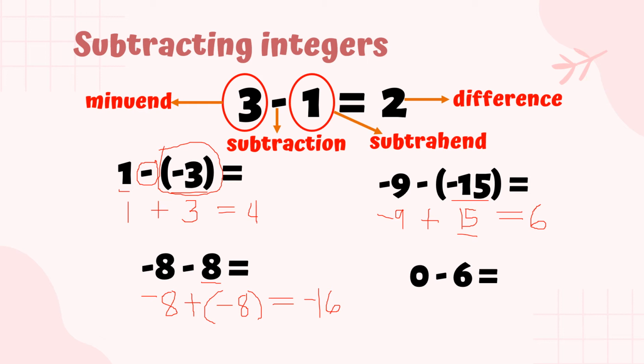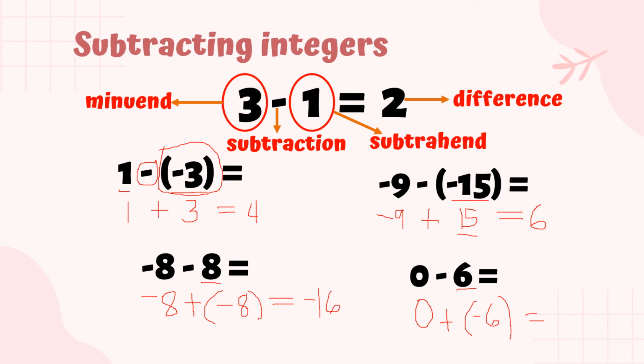Another one, 0 minus 6. So we copy 0. Our subtrahend is 6. So positive 6 will become negative 6. And subtraction will become addition. So proceed again to the rules of addition. So notice that, recall that the identity property, any number added to 0 is the number itself.